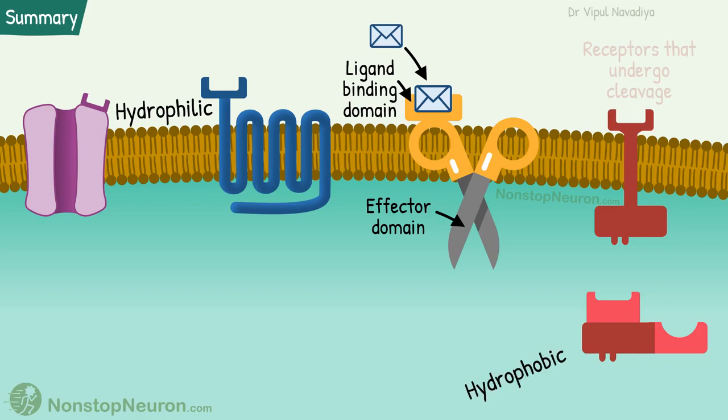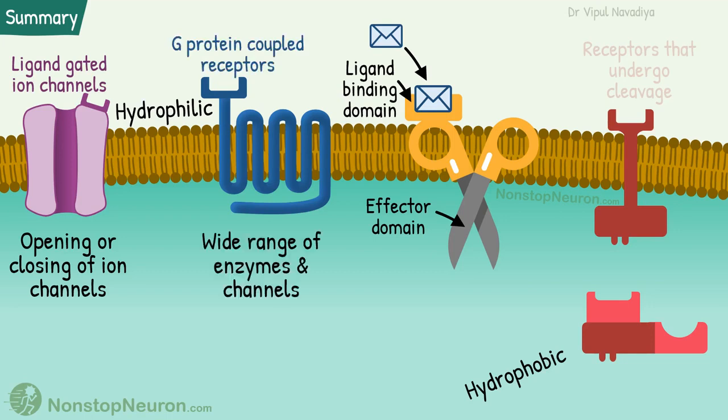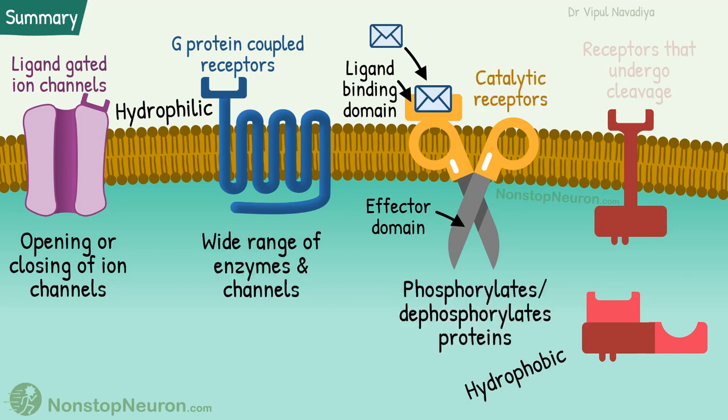Various types of receptors are ligand-gated ion channels that regulate opening or closing of the channel. G-protein coupled receptors act through G-proteins and ultimately regulate the function of a wide range of enzymes and ion channels. Catalytic receptors mostly activate or inactivate a protein by phosphorylating or dephosphorylating them. And nuclear receptors serve as transcription factors.